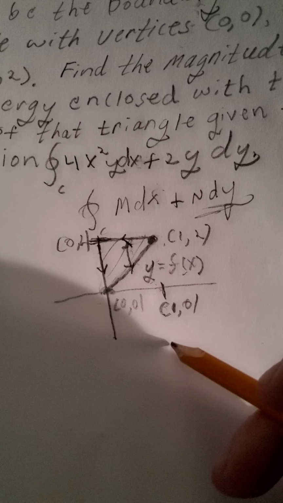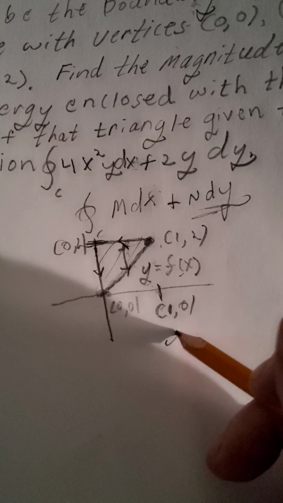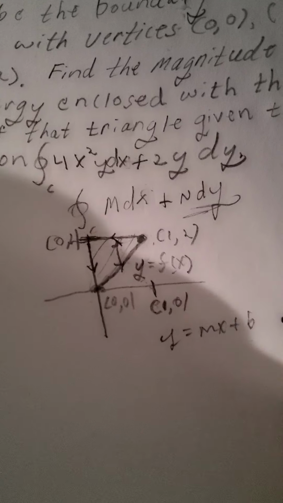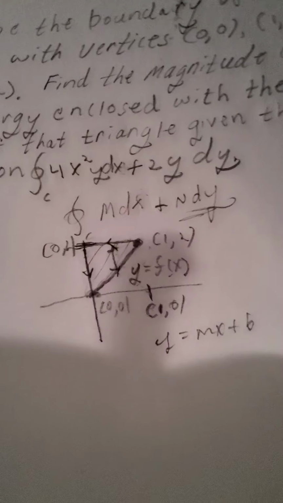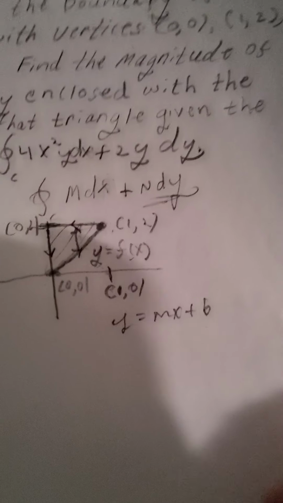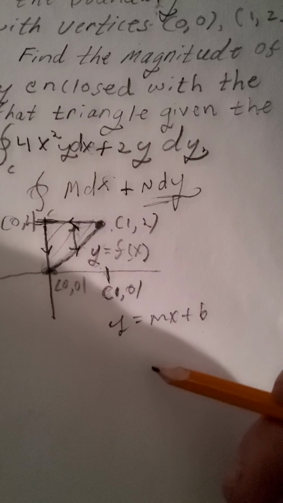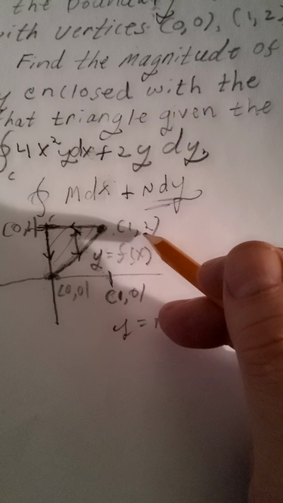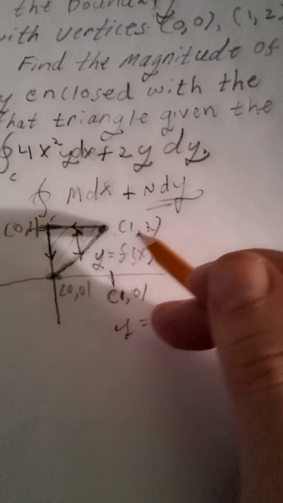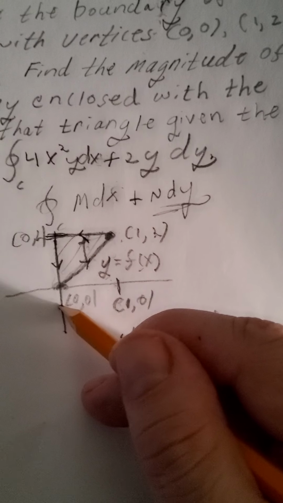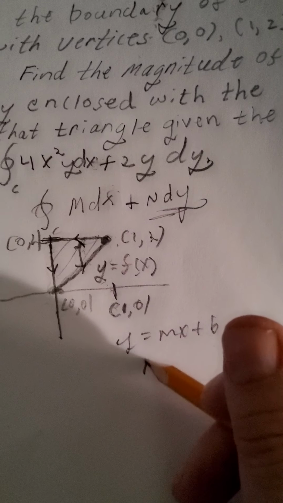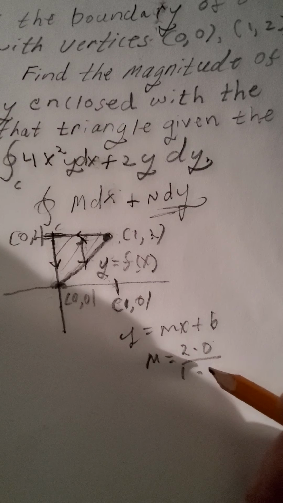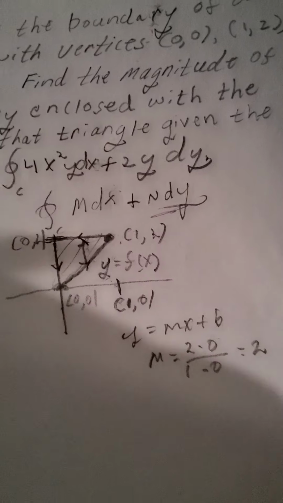Okay, well, the first thing you do is look at the y equals mx plus b formula for the equation of the line. In this case, b is going to be 0, because the y-intercept is 0 right here. How do we find the slope? Rise over run: 2 minus 0 over 1 minus 0, which equals 2.